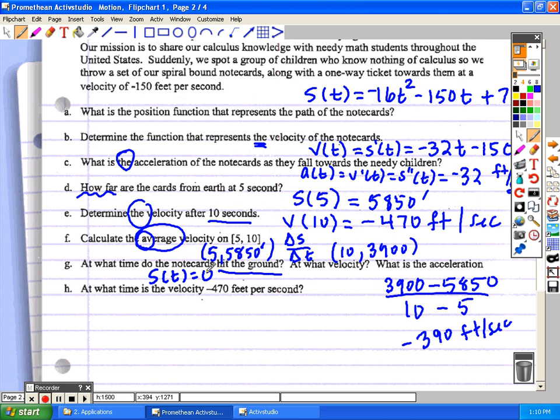And then once you find that value of time, again, I would suggest graphing it. You're going to take that value of time, and it says at what velocity. So you're going to find v of that particular time, and then at what acceleration you're going to find a of that particular time that you found.